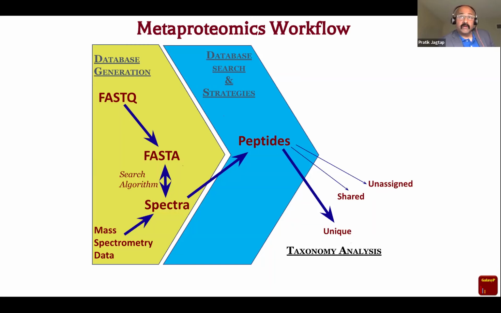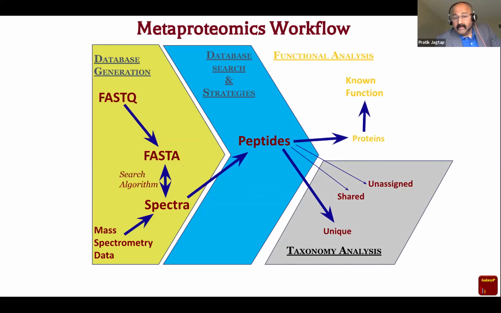Once you identify these peptides, they are either unique to a particular taxon unit, which could be a genus, a species, or an order, or they could be shared. And some of them might even be unassigned. So there are quite a few categories of taxonomic analysis. But in our case, we would rely mostly on the ones detected as unique peptides to a particular taxon level, so that we can confidently say that this particular organism, genus, or order was detected.